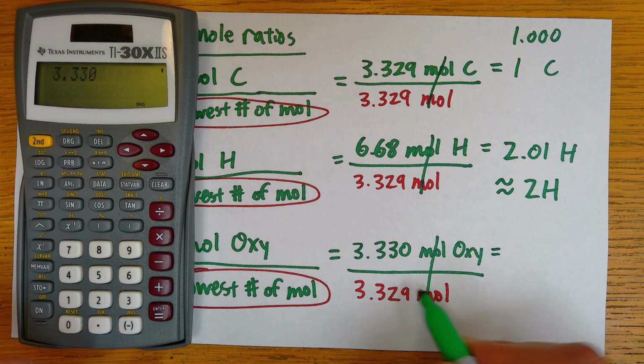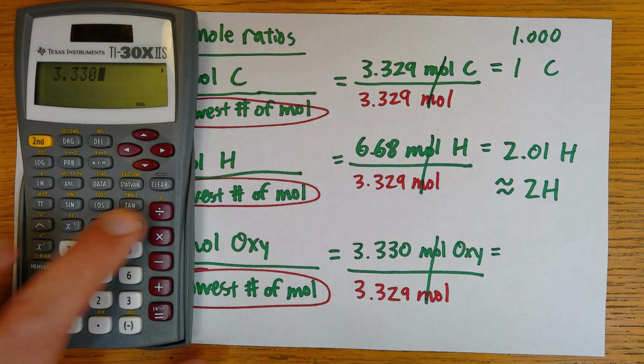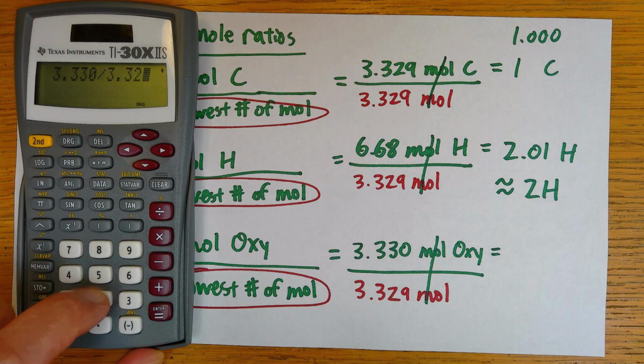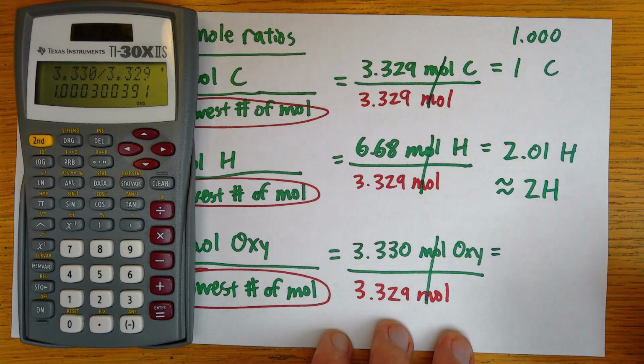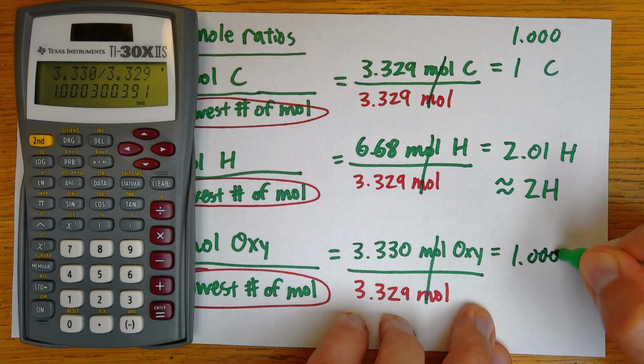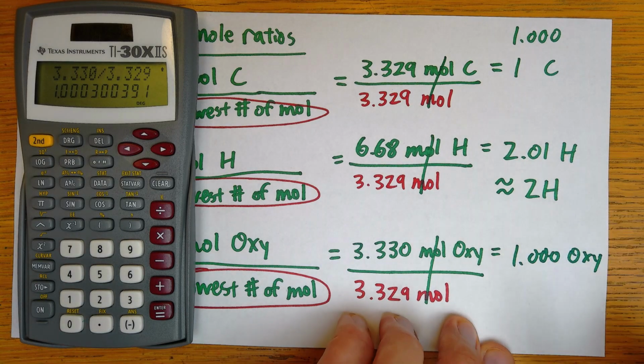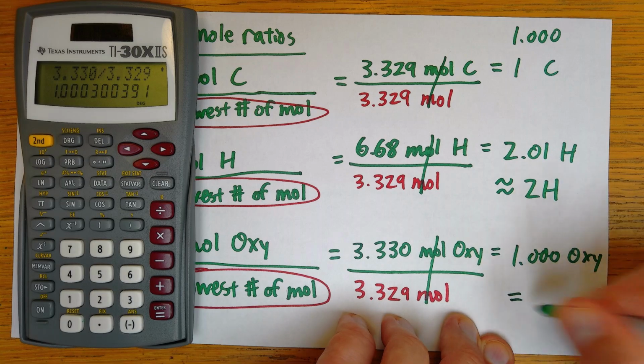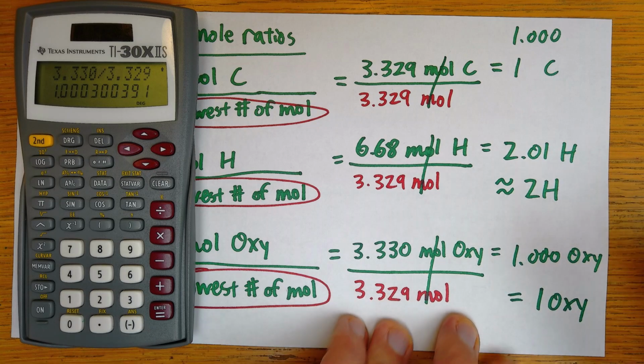And then the oxygen, 3.330 divided by 3.329, is basically 1.000, which we'll just declare to be 1 oxygen.